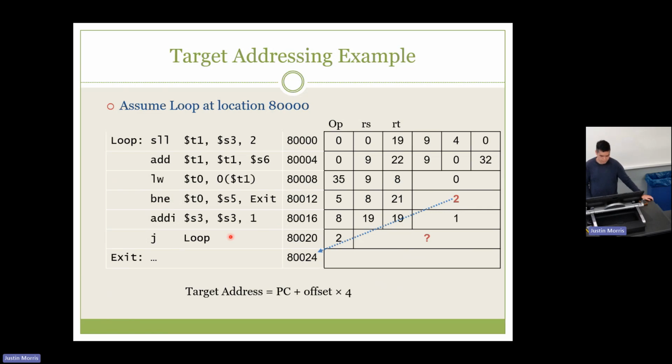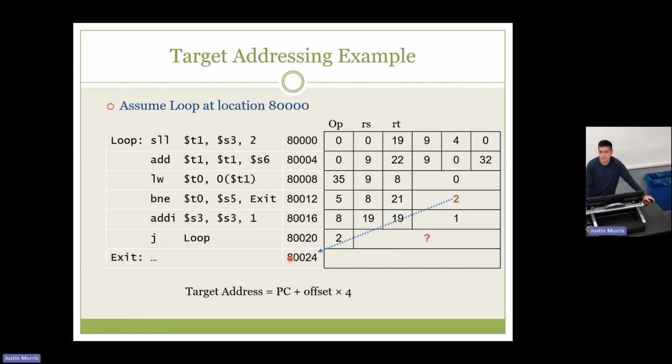But the other example that we have here is this jump. And the jump, it does do relative addressing, right? But it doesn't just add, it's replacing 28 bits of PC. So I need to go from here. And again, it's going to be PC plus 4.